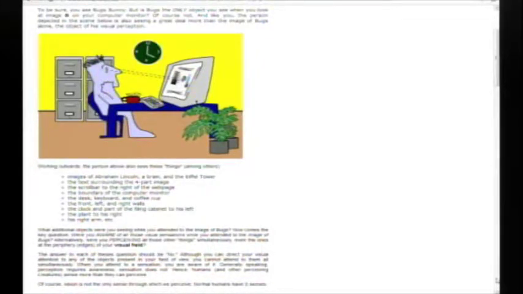The purpose of this is to illustrate that there's a difference between seeing and perceiving. Seeing occurs whenever your eyes are open and your visual system is doing what your visual system does. Perception requires awareness of what it is that you're perceiving.